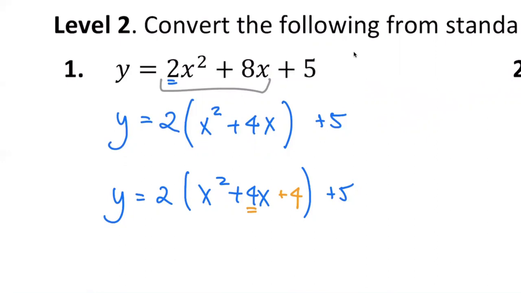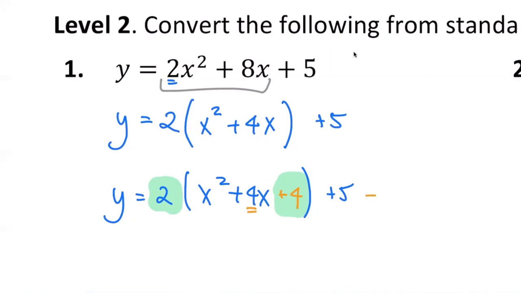You write down plus 4, but you are not really just adding 4, because this 4 is in the parentheses, which is about to be multiplied by 2. So you are adding 4 times 2.